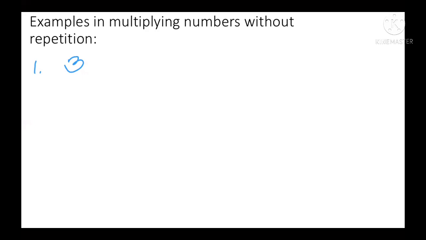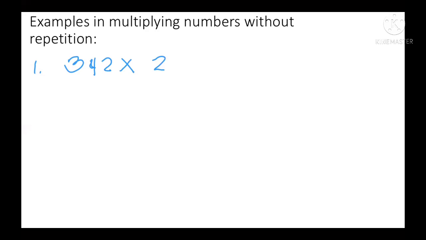Okay, so we have 342, for example, multiplied by, let's say 2. Okay, so we have here a 3-digit number multiplied by a 1-digit number.